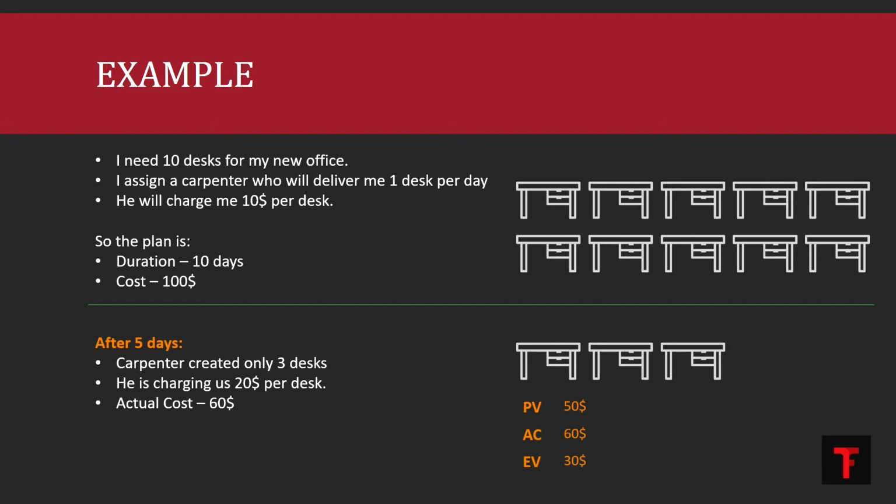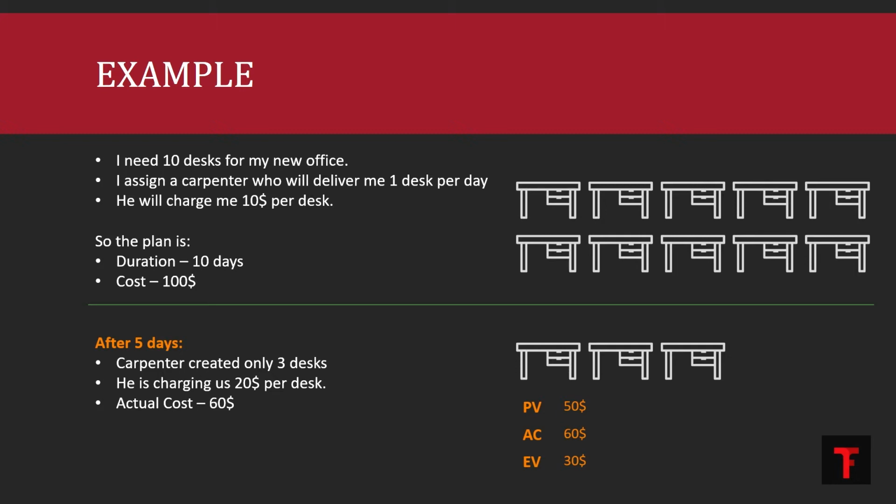I have given the values directly. Planned value cost is right now $50. Just remember what we learned previously: what was planned value cost? Planned value cost was the authorized budget for the planned amount of work. Right now we have completed 5 days.